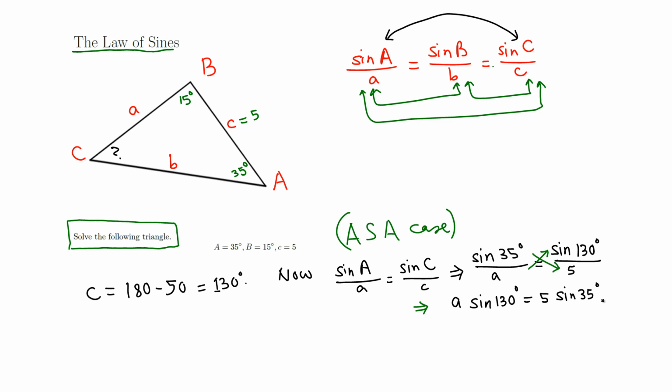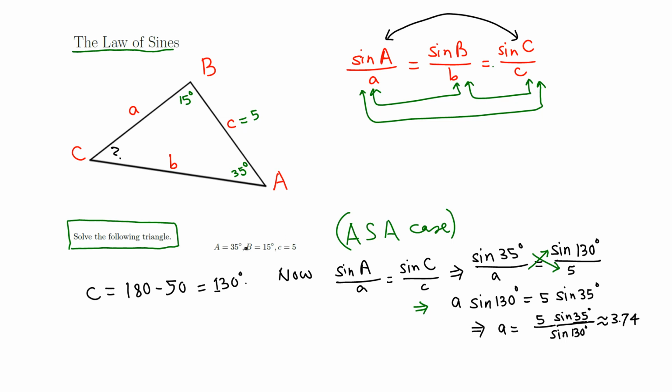Now divide both sides by sine 130 degrees to isolate a. So a equals 5 sine 35 degrees divided by sine 130 degrees. Now use your calculator, just 5 times sine 35 over sine 130 degrees, and you will get the answer. Make sure your calculator's mode is set in degrees, okay, and it will be 3.74.